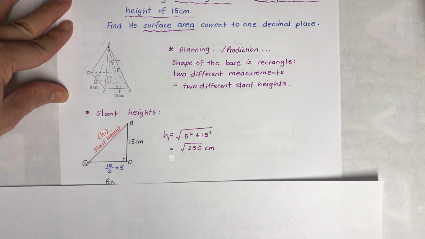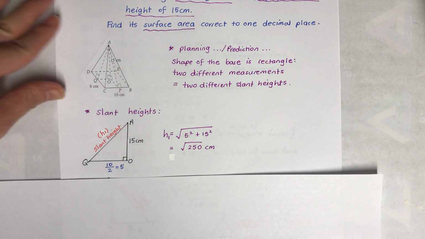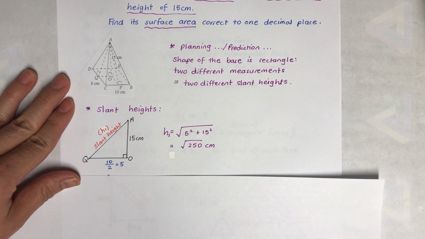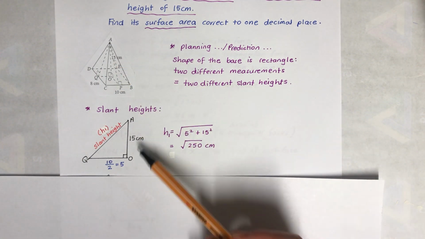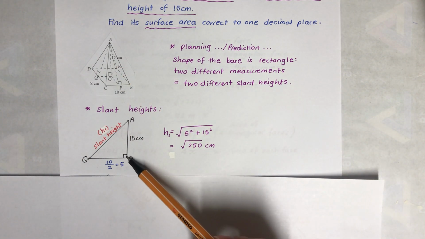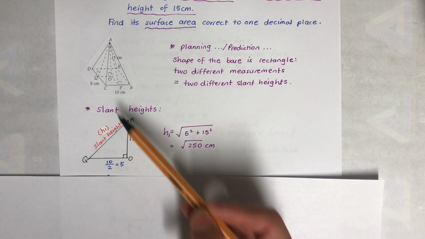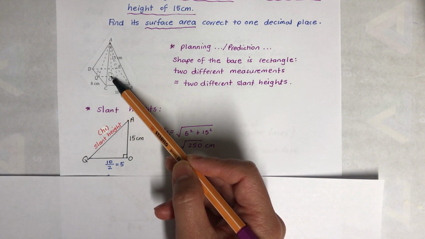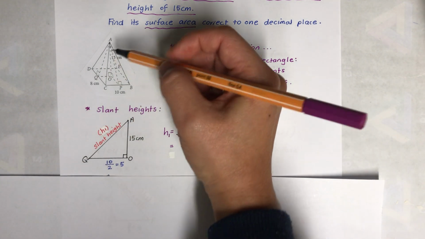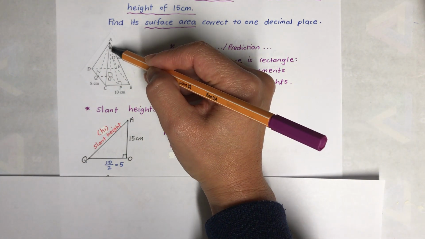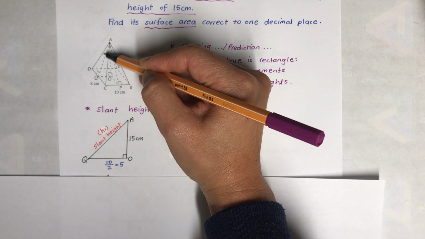So let's have a look at the first slant height. I'm looking at A, which is my apex, and then straight down the perpendicular height to O, which is the middle of the base. And then I'm looking at this Q here. So I'm looking at this triangle right there.